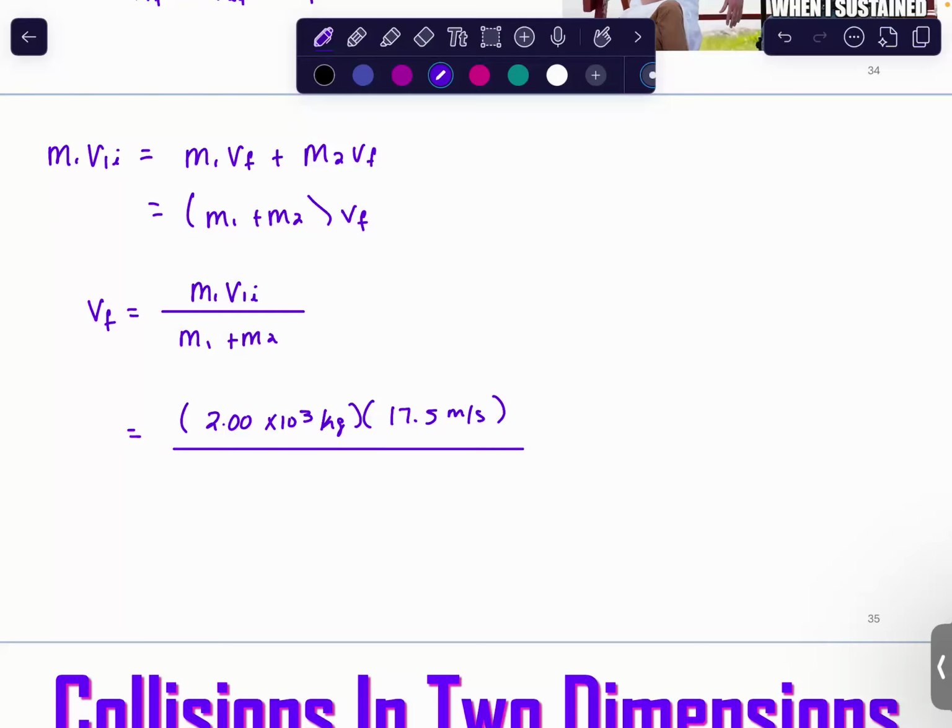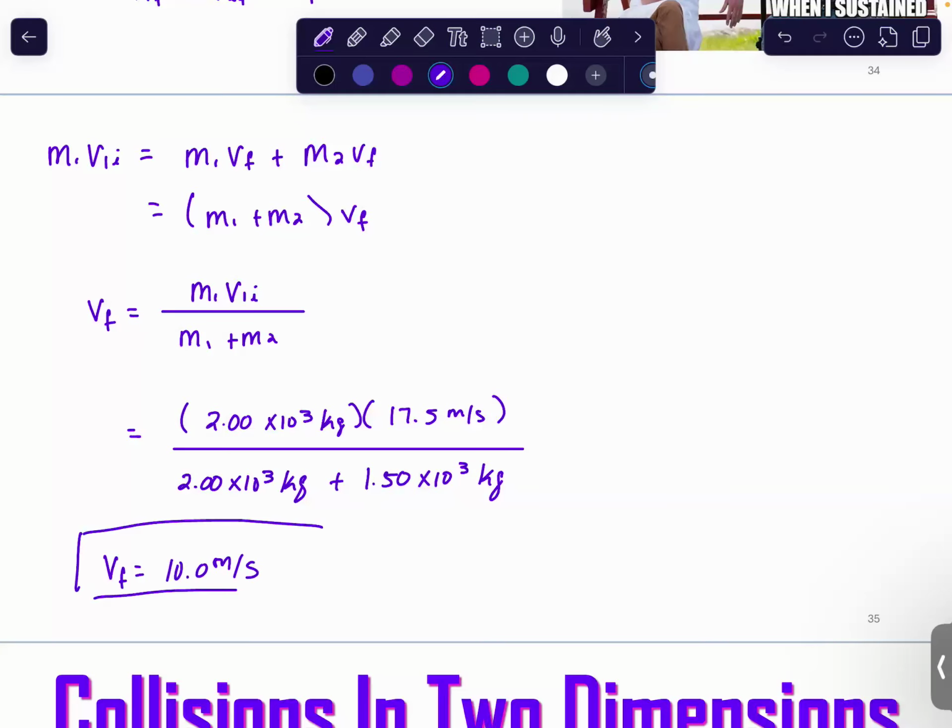And then in the denominator, we have mass 1 and mass 2. And so when we calculate this, our final velocity of the entire system and the car is going to be 10 meters per second. Okay, so that takes care of one dimension.